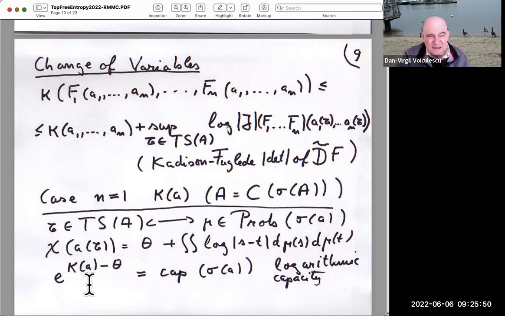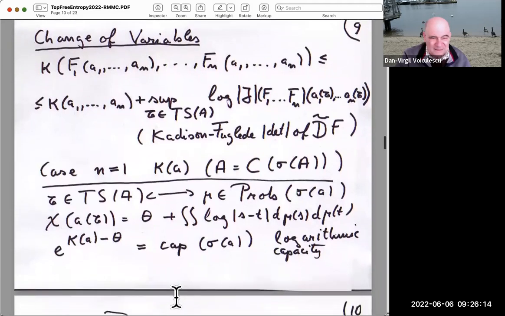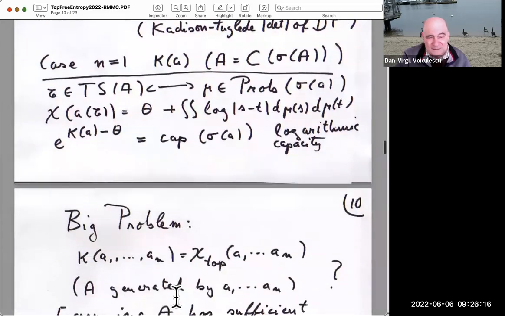So it's this quantity you see here, subtracted, and exponentiated. That's the usual. But in essence the exponentiation can be undone. It's the same information. And that's the reason I use the name capacity, because in the case n equal 1, it has really to do with the logarithmic capacity.